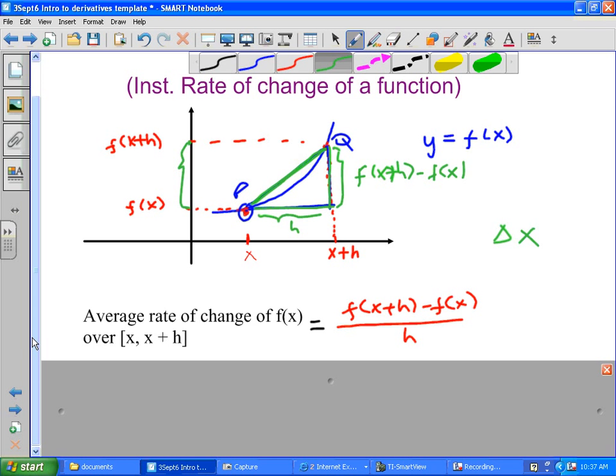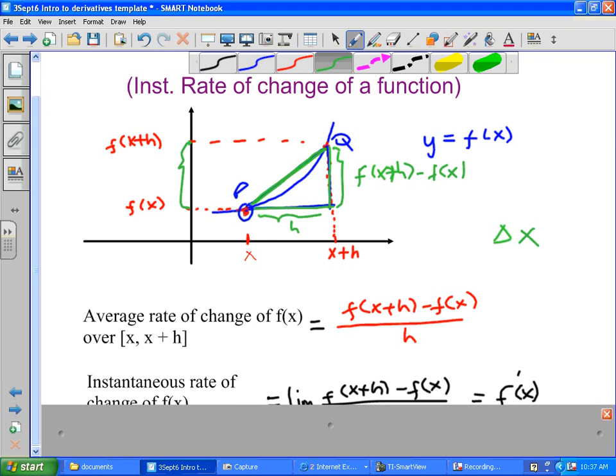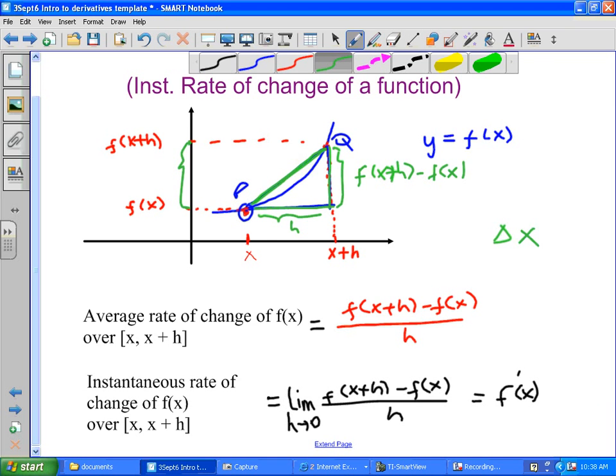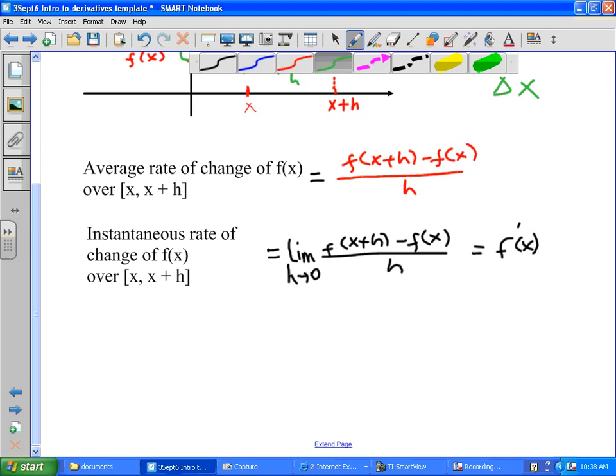As Q is coming down on that curve, what is happening to h or delta x? This point is getting closer and closer, so h is approaching 0, right? So what should we do? We should take a limit as h approaches 0. So if you do that, you will find the instantaneous rate of change of the function. All we have to do is take a limit of the above quantity.